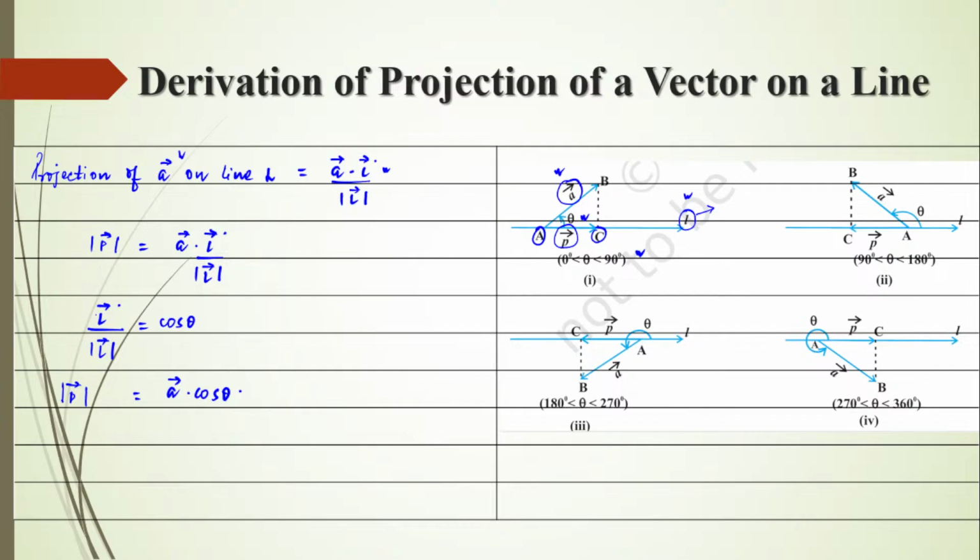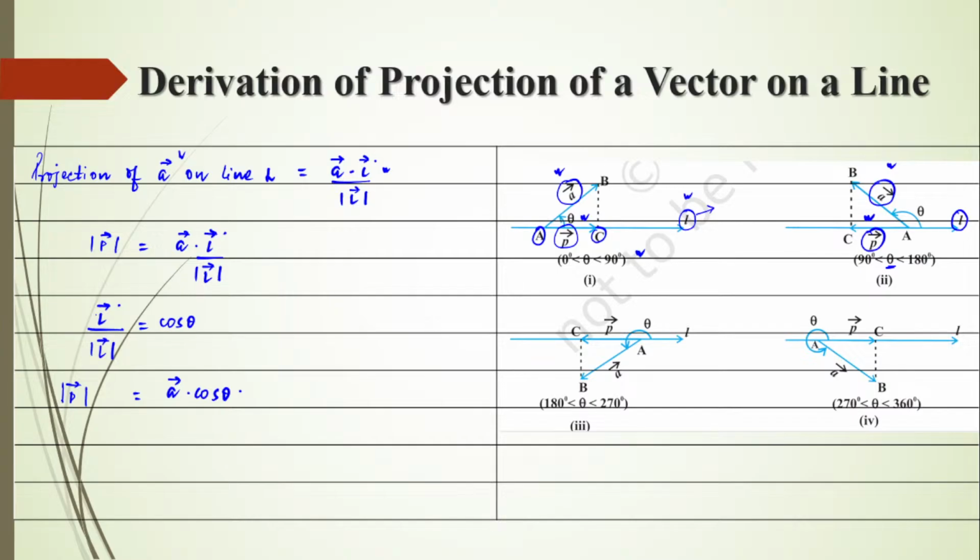In the second figure, when vector A lies in the second quadrant and theta is greater than 90 degrees but less than 180 degrees, the direction of the projection is opposite to that of the directed line.